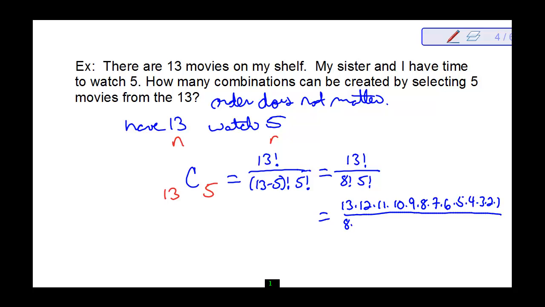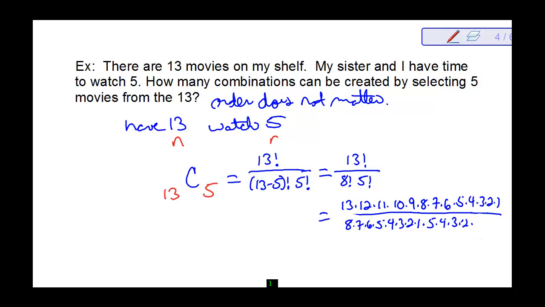And then we have 8 times 7 times 6 times 5 times 4, 3, 2, 1, and the 5 factorial, which is 5, 4, 3, 2, and 1.